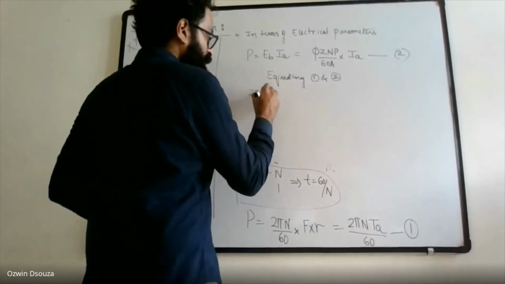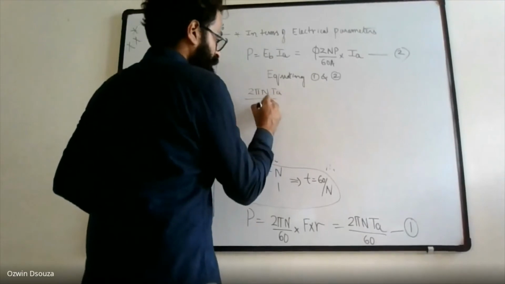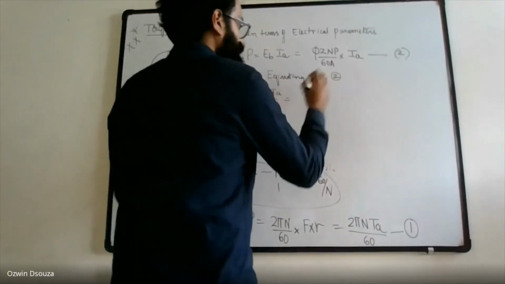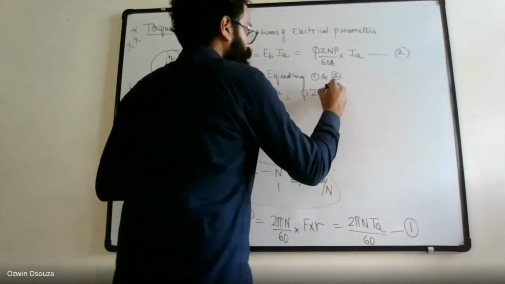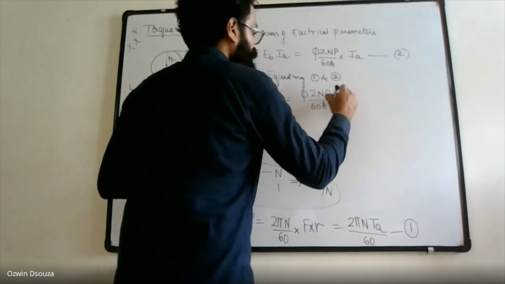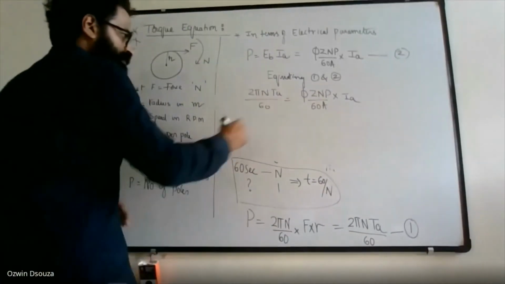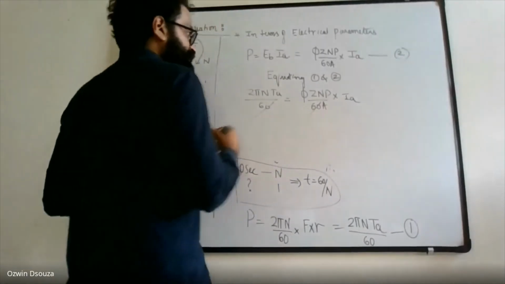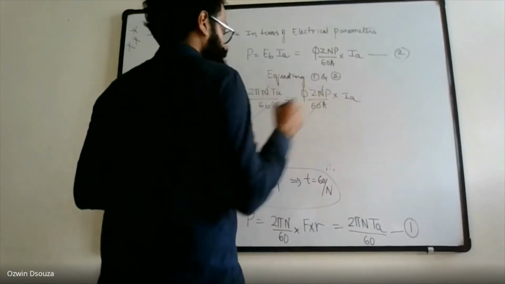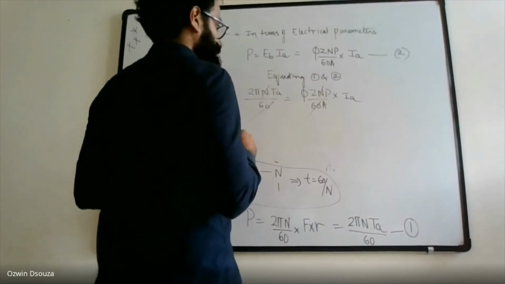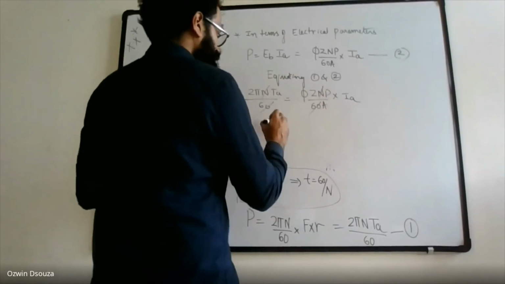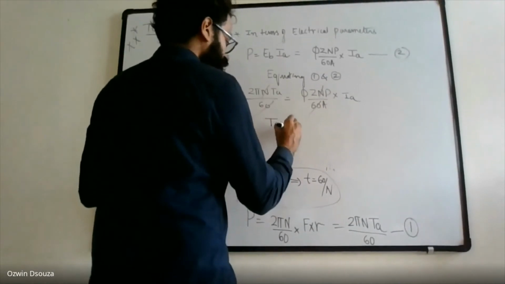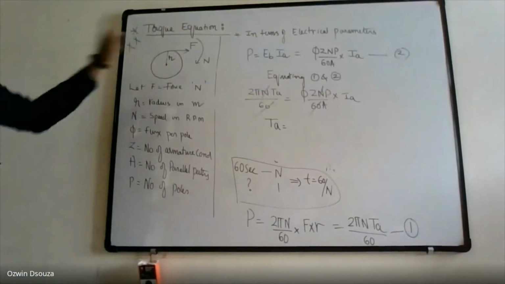So what do you get? You get 2 pi N TA divided by 60 on one side, and on the other side you have phi Z N P divided by 60A into IA. So a few things get cancelled, 60 gets cancelled, N gets cancelled. Yeah, that's all. So here is the equation to get torque developed in the armature, because that is what we are supposed to find out.